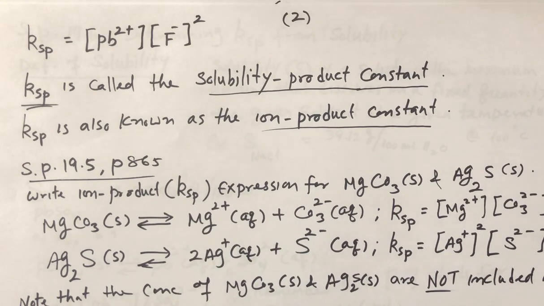We also call it the ion product constant. So the KSP has two names: solubility product constant or ion product constant.